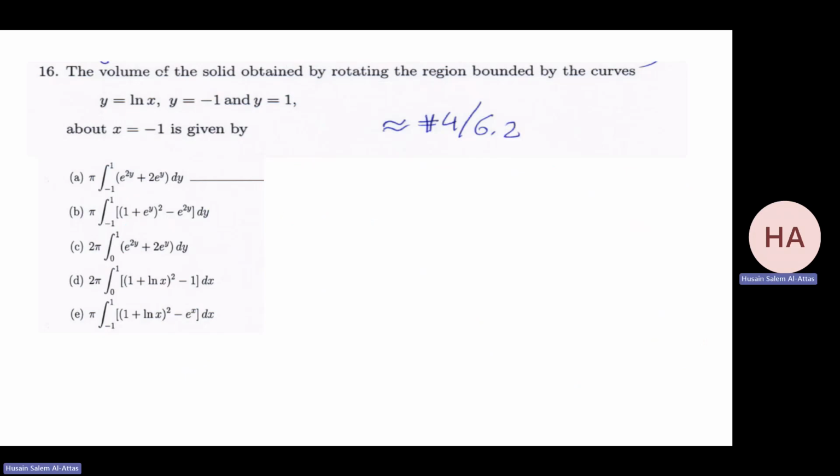Next, the volume of the solid obtained by rotating the region bounded by y equals ln x, y equals minus 1 and y equals 1. Okay.